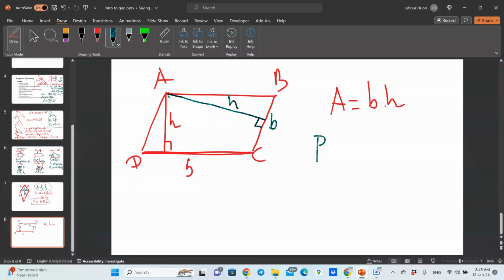How do we find the perimeter? Let's delete the height first. This is a parallelogram. I might be wrong. I don't know if this is the perimeter of the trapezoid or the parallelogram.